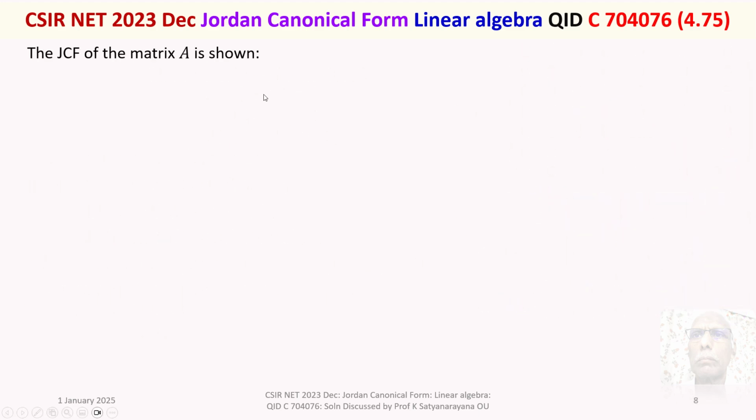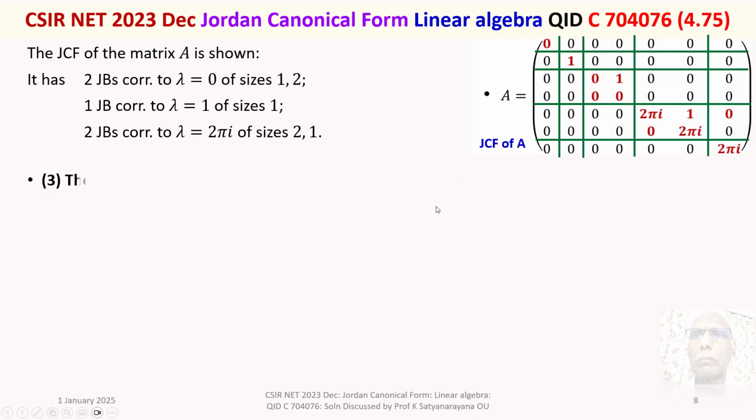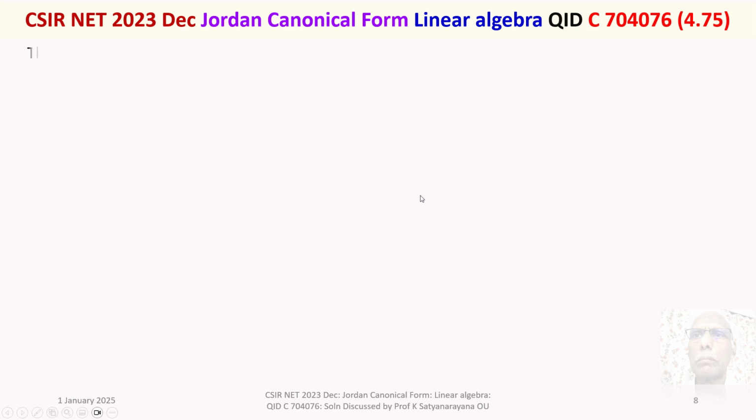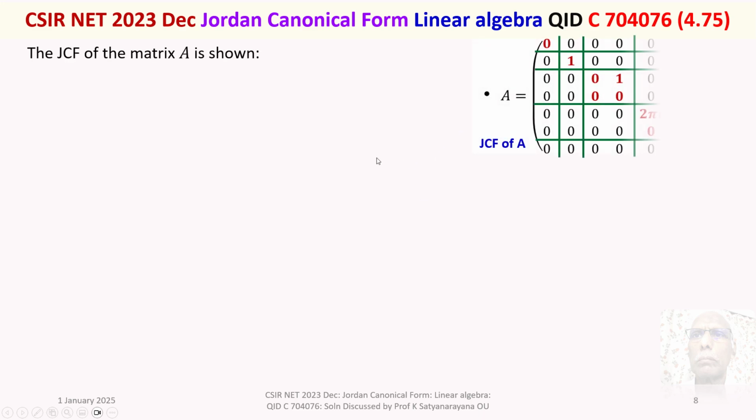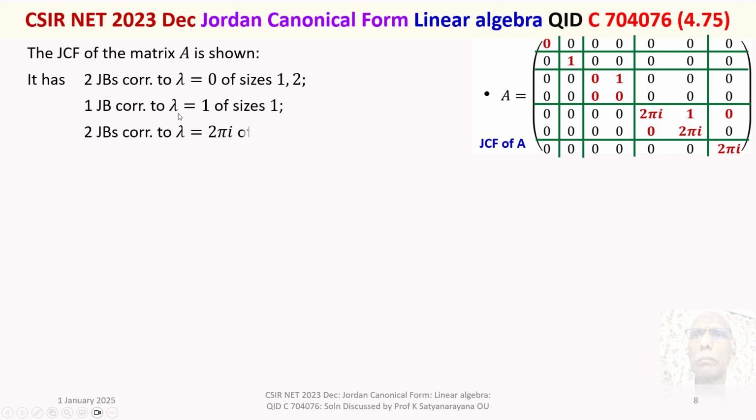Right, the Jordan canonical form is here. Agreed, and it has two Jordan blocks corresponding to lambda is equal to 0 of sizes 1 and 2. One Jordan block corresponding to lambda is equal to 1 of size 1. Two Jordan blocks corresponding to lambda is equal to 2 pi I of sizes 2 and 1.